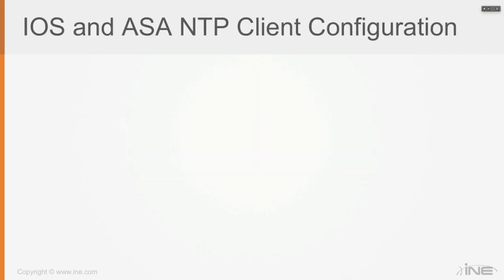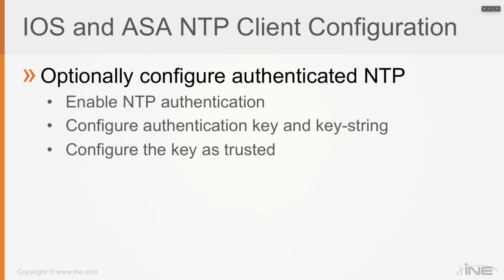Now on the client part, the client configuration is going to be the same steps on both the IOS and the ASA. If we want authentication, we have to optionally configure authentication of NTP, which means the first step is that on the client we have to enable authentication. This step was not performed on the server because, again, the server does not authenticate the client, only the client authenticates the server.